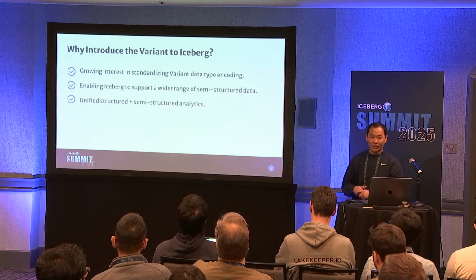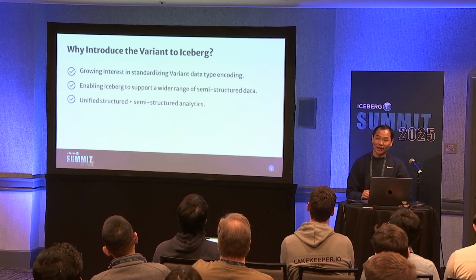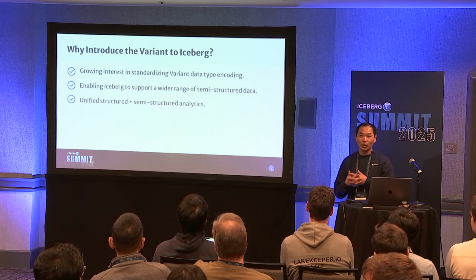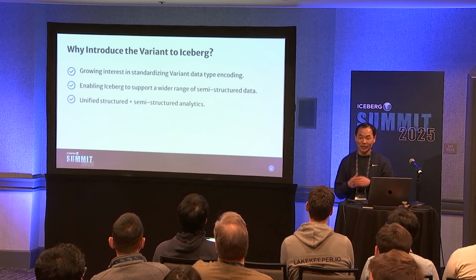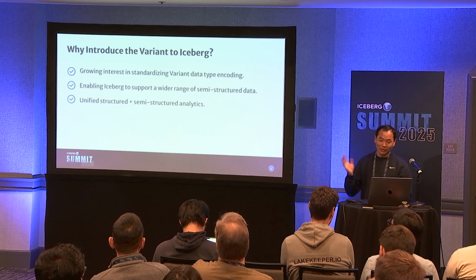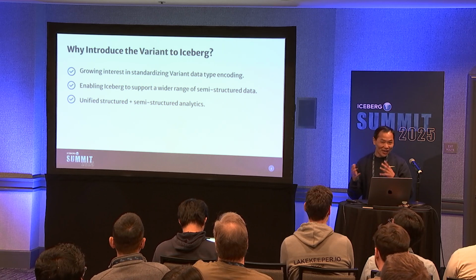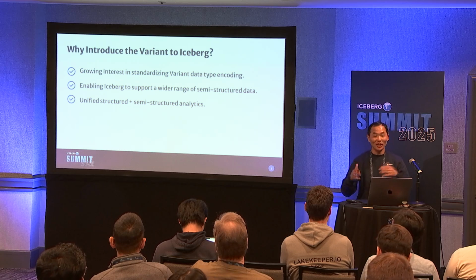So now, why do we introduce variant in Iceberg? As I mentioned, different engines may already support a variant data type. In Snowflake, we support variant, and also super in other engines. Those engines have different encodings, so they're not compatible.